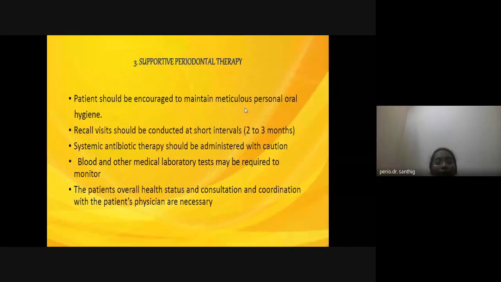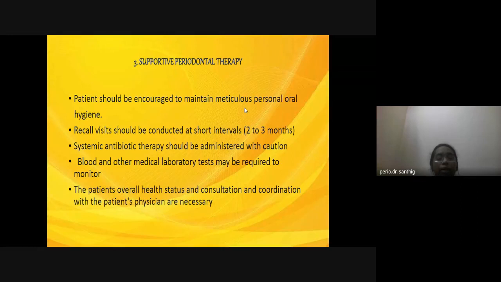Next, supportive periodontal therapy for those patients. In HIV patients, you should encourage the patient to maintain meticulous personal oral hygiene, and recall visits should be conducted at short intervals, 2 to 3 months.